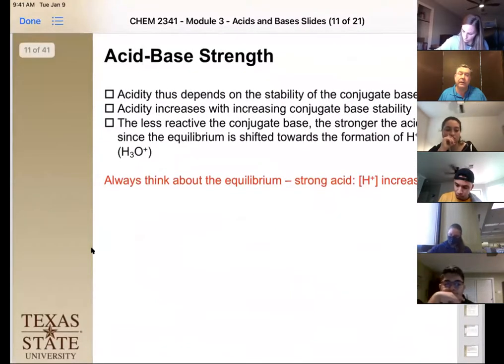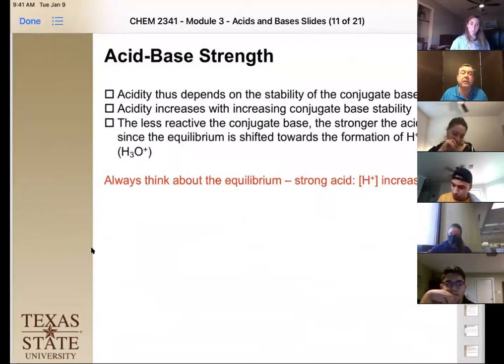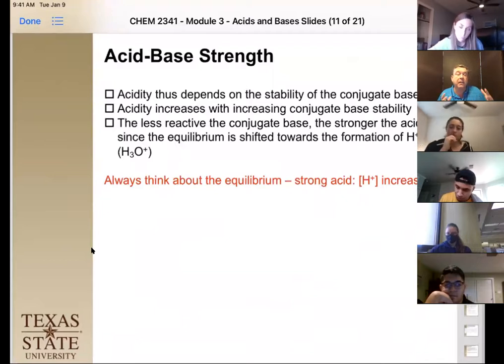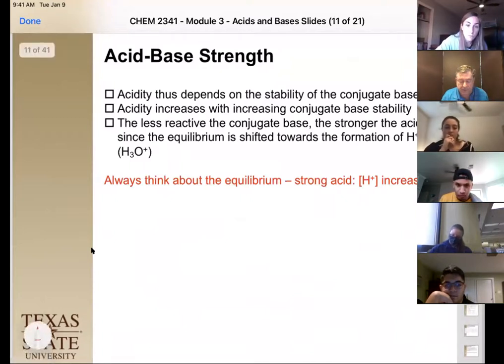The acidity depends on the stability of that conjugate base. If that conjugate base is something that doesn't like having a negative charge on it, it's not going to be very stable. And if it does like having a negative charge on it, it's going to be stable. So let's think about HCl right here.